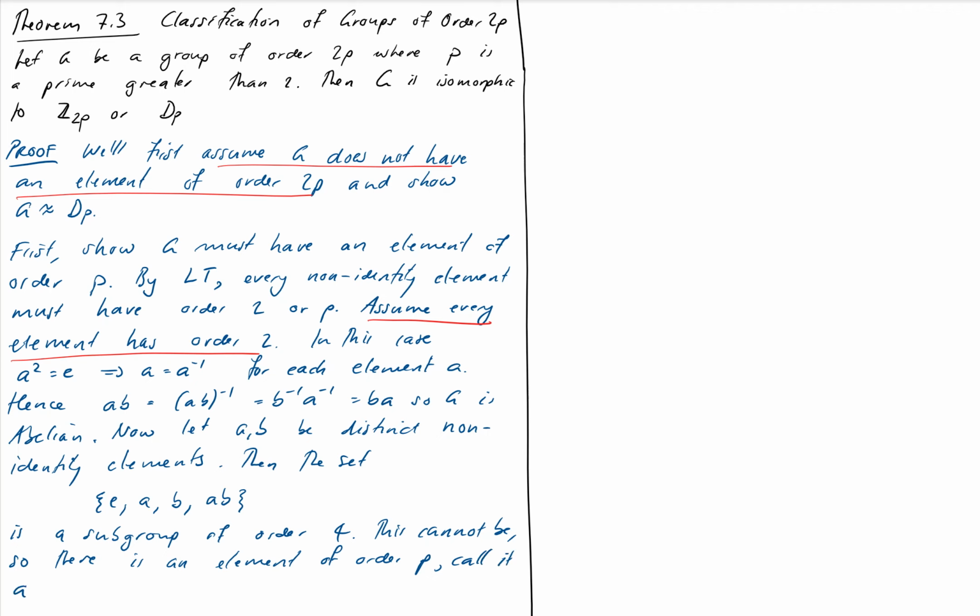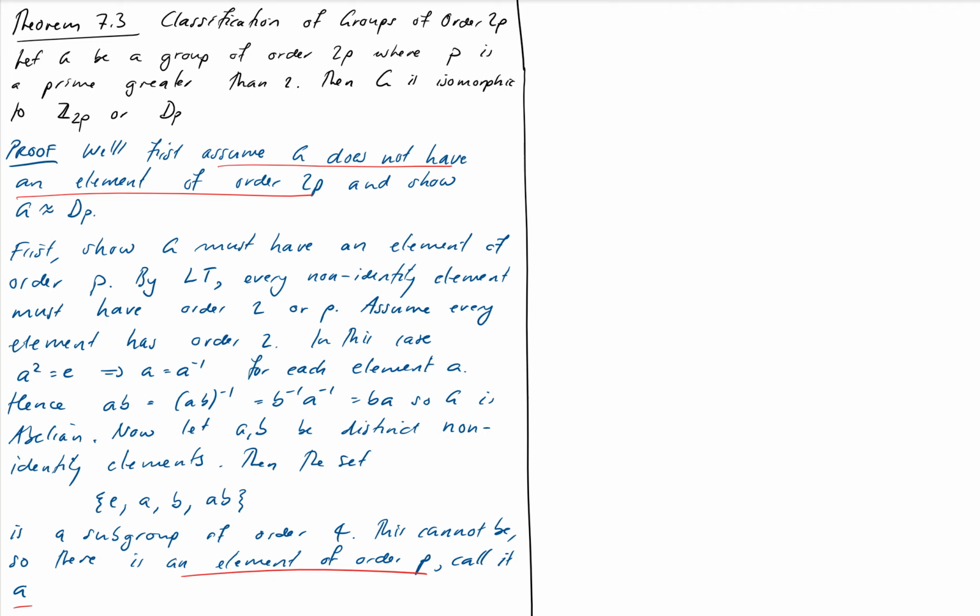Alright, so where are we at? We're assuming we don't have an element of order 2P because we already know what happens there. So we now have the key fact that we have an element of order P, and we'll call it A, because this is going to be like the R90. Alright, so what next?